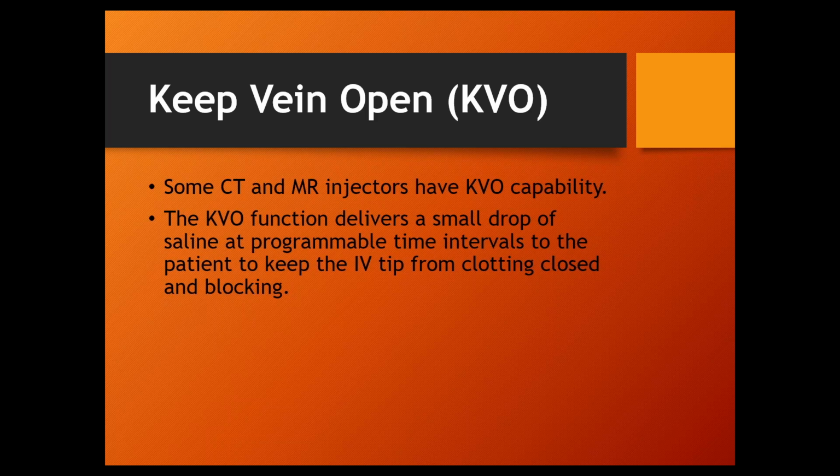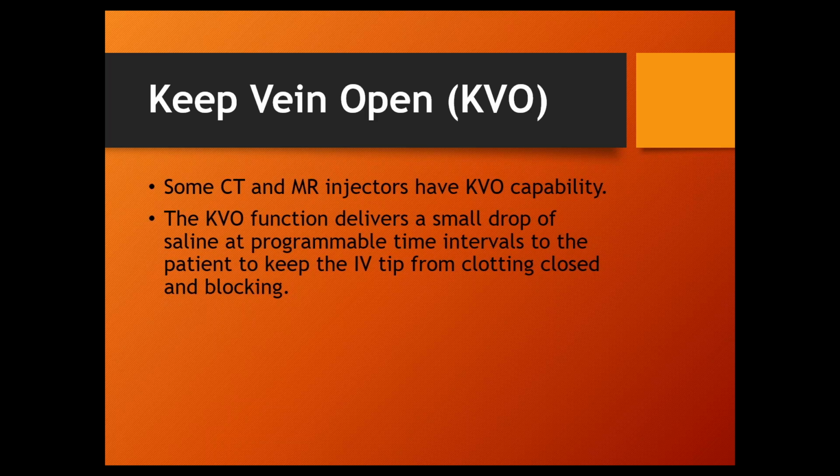If there's not an injection through an IV needle for prolonged periods of time, a blood clot can form at the end of the IV needle and basically start to partially occlude it. To keep blood clots from forming at the tip of the IV needle, they'll turn on the KVO function, the keep vein open function. Some systems do it a little differently.